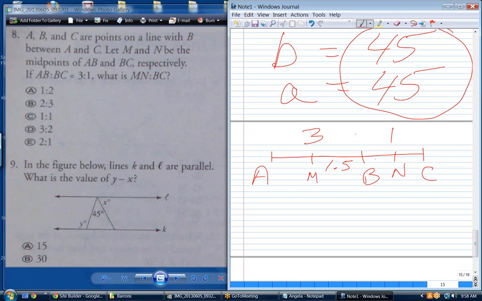And that'd be half, so that's 0.5. So they want MN to BC. Well, let's just read it off. What's MN? 2. What's BC? 1. There's our answer. So the fact that we ended up with decimals didn't really hurt us. It didn't slow us down at all. So there's no real value in picking 6 and 2 here as opposed to 3 and 1. 3 and 1 works just fine.